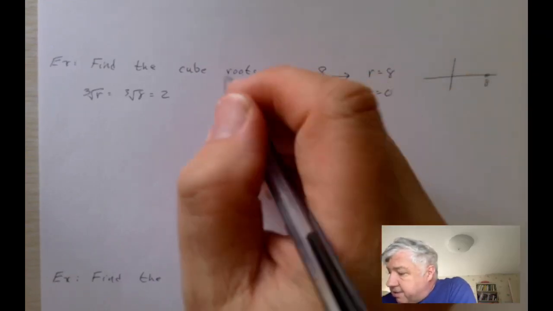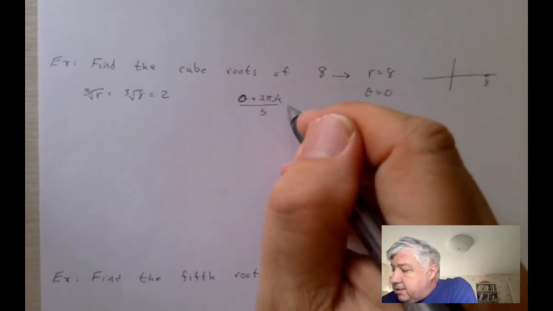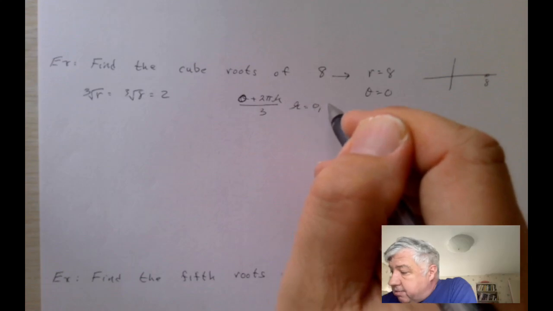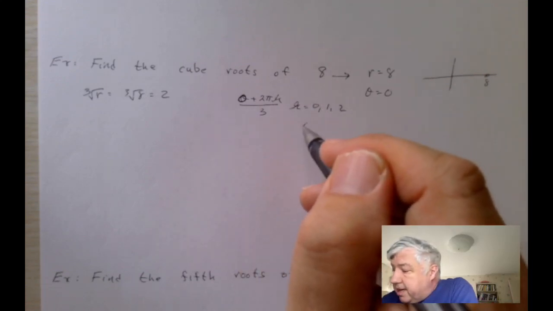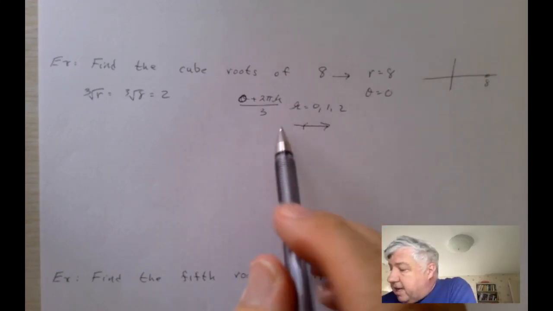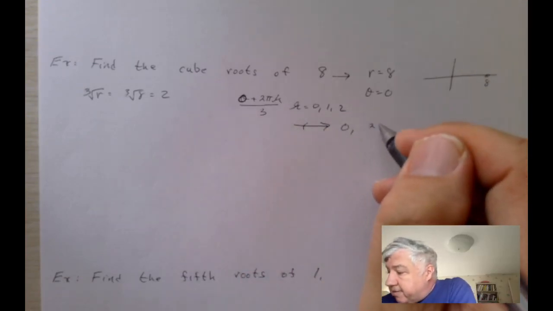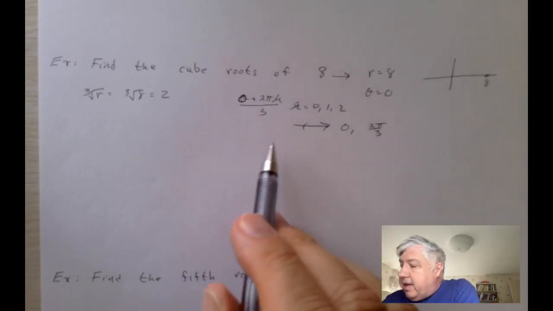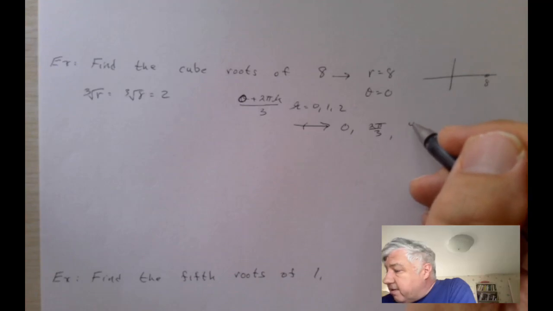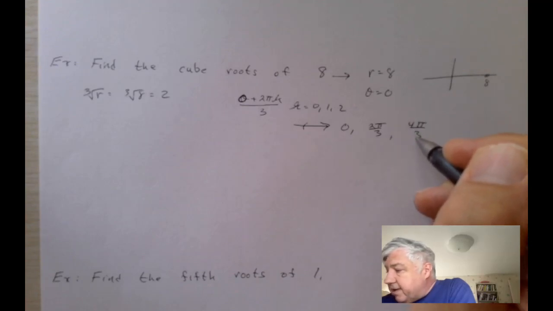Now theta is 0, and k is 0, 1, 2. So when k equals 0, we get 0. When k equals 1, we get 2 pi over 3. And when k equals 2, we get 4 pi over 3.